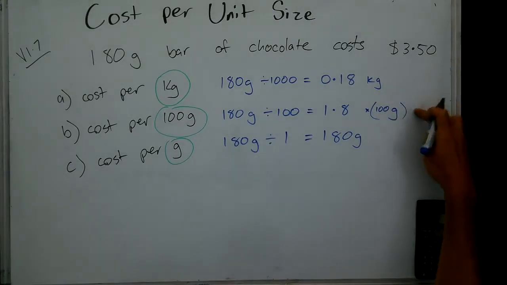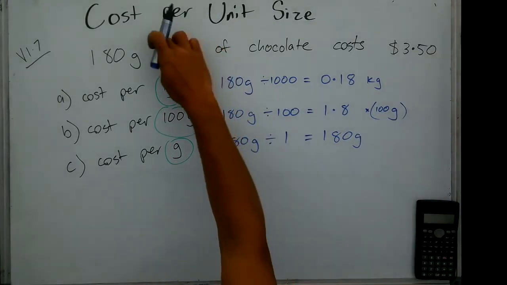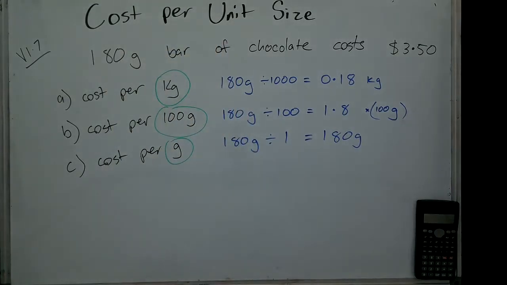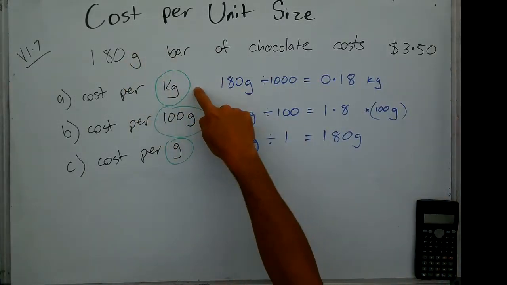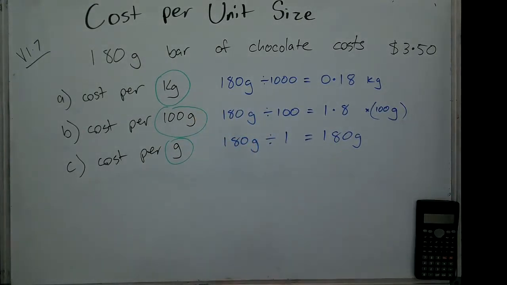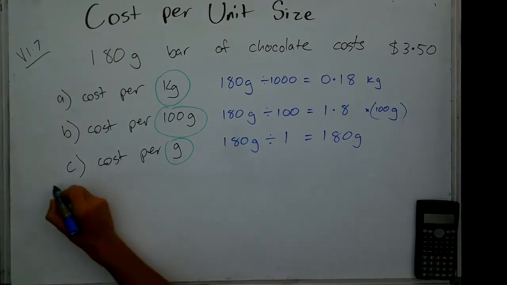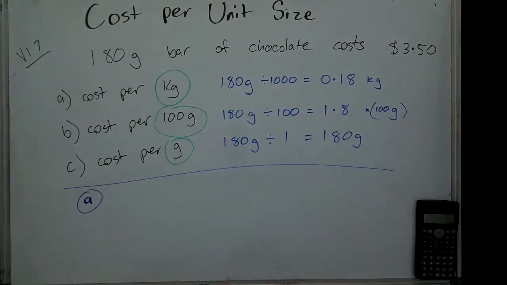So these are the numbers I'm going to be using. And sort of like with the percent, we're going to be making a bit of a fraction. So now that I've worked out what 180 grams is in kilograms, 100 grams and grams, we can do the calculations for part A. And I want you to be able to see that there's a relationship between all of these.